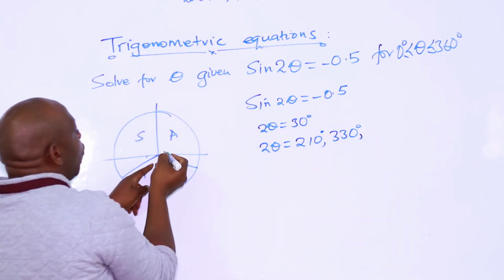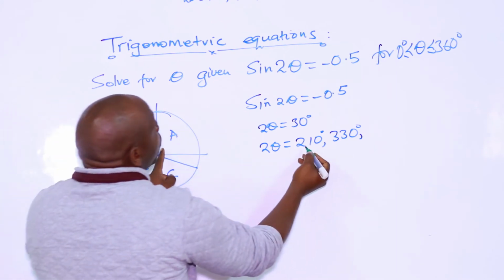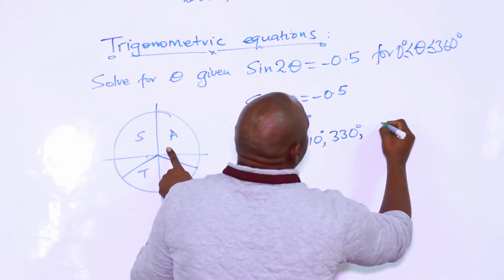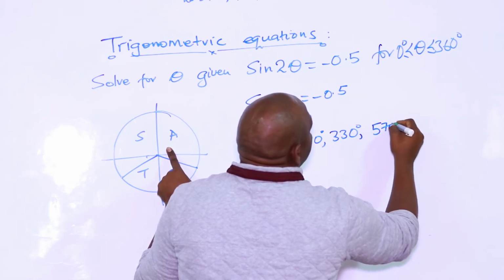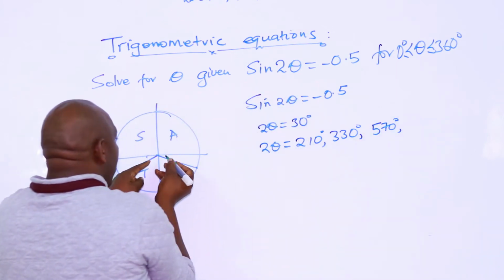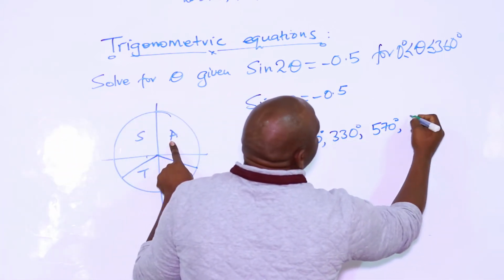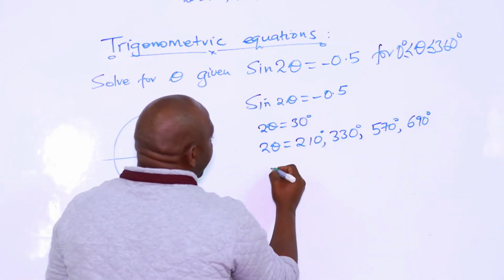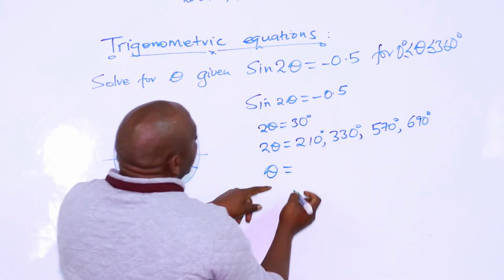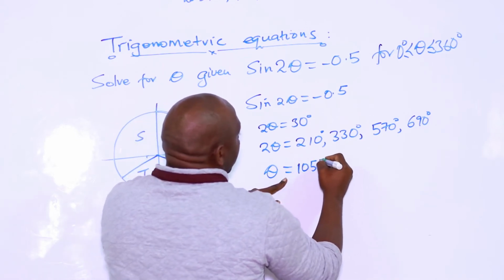If you take one whole turn, that is 360, then you add 210, you get 570 degrees. If you take one whole turn, then you add 330, you get 690. And therefore, our theta is 210 divided by 2, that is 105 degrees.